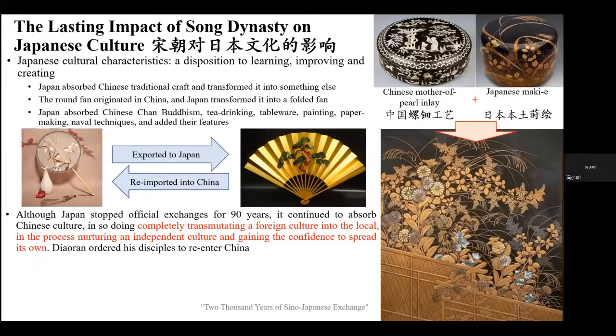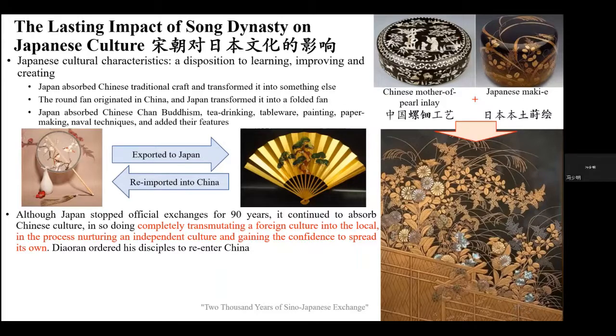Even though they stopped official exchanges for 90 years, Japan continued to absorb Chinese culture, and in so doing, completely transmuting a foreign culture into the local. In this way, nurturing an independent culture and gaining the confidence to spread its own.